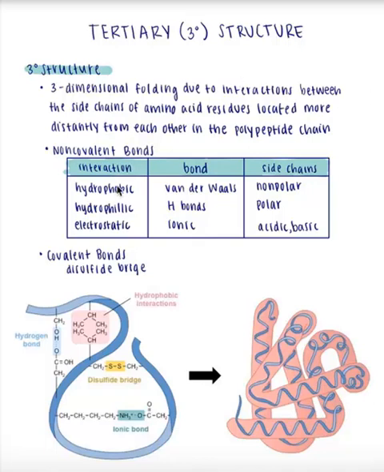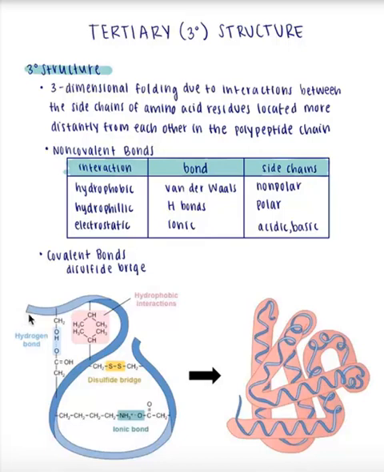So we can have hydrophobic interactions, and that could come in the way of van der Waals bonds, and that would occur between nonpolar side chains. Or we can have hydrophilic interactions, so we'd have hydrogen bonds between polar side chains. Or you could have electrostatic interactions, and that would be ionic bonds between acidic and basic amino acids.